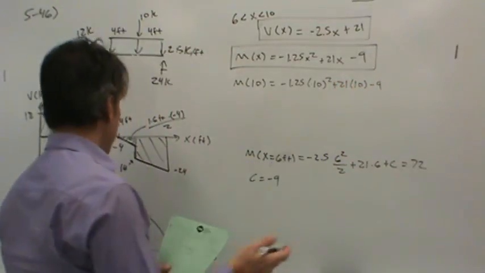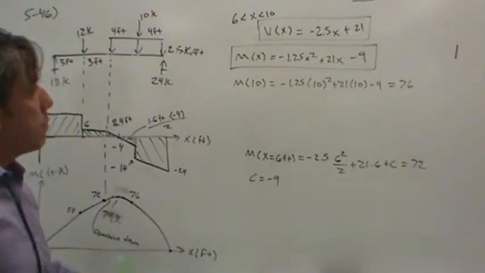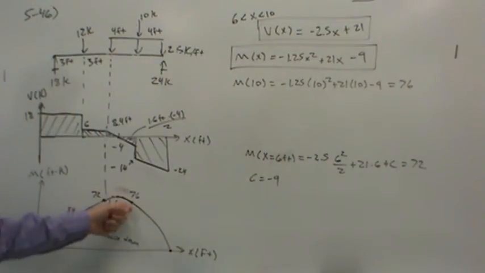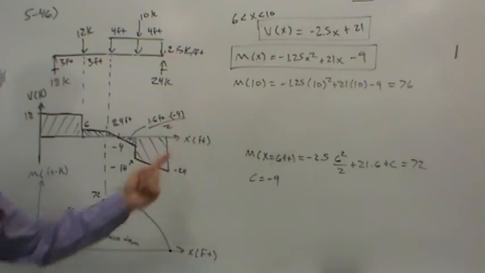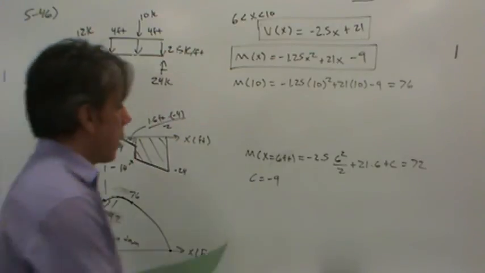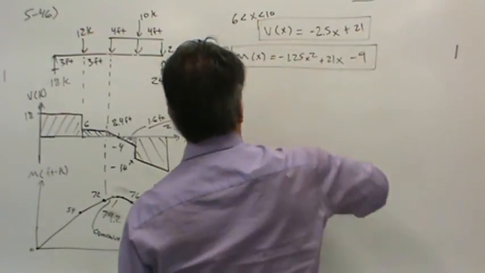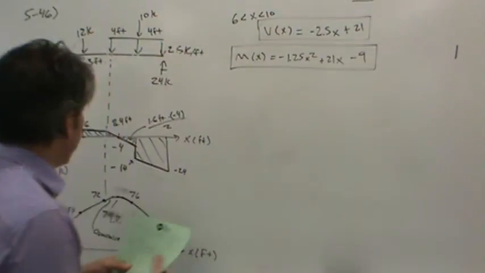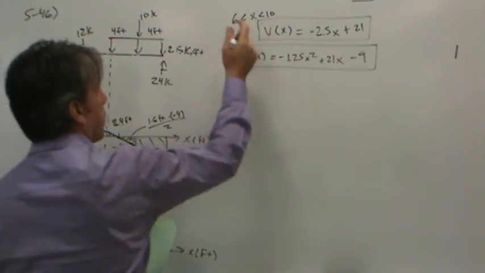When you plug all this in, you'll find that this is in fact 76, and so we're sure that our moment equation is correct. You could plug in x equals 8.4 feet as well. When you do that, you'll find that the moment is 79.2. So our equation works out just fine. And so there's the shear and the moment in this section from x between 6 and 10.